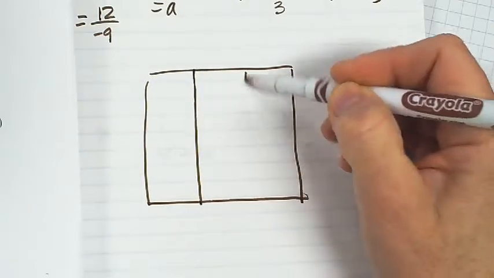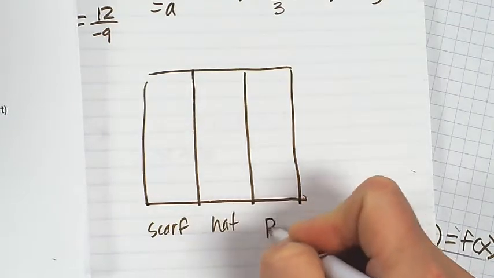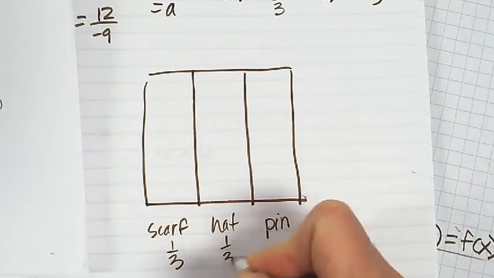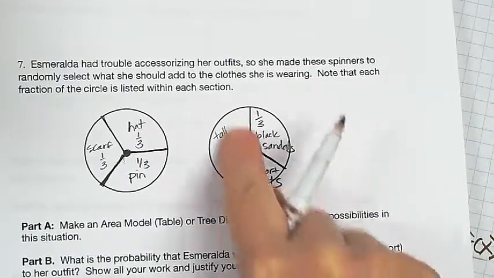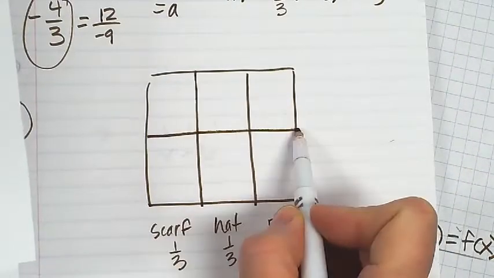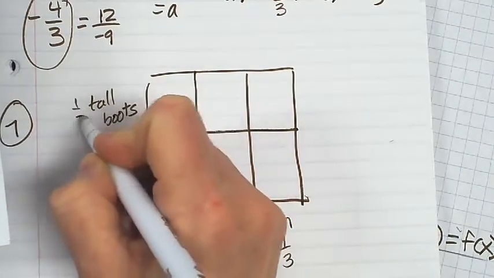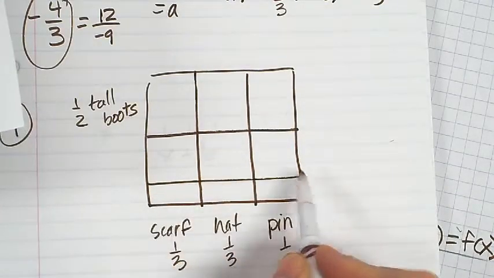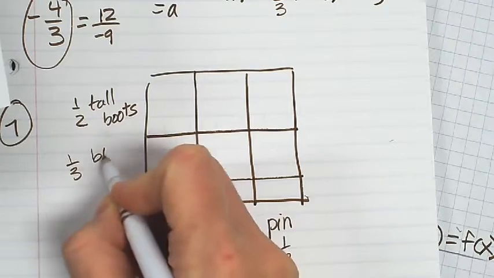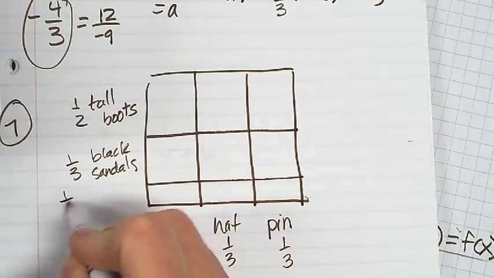So I'm just going to divide this up by thirds. And then she has 2 spinners, so the other side is going to be half a chance of wearing tall boots. So I'm cutting it in half. A third chance of wearing black sandals. And 1/6 chance of wearing short boots.